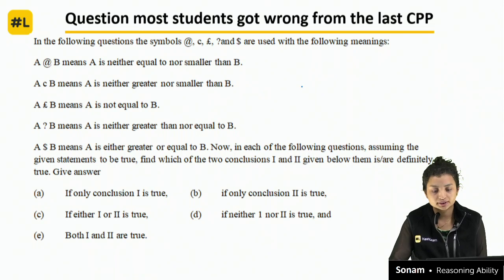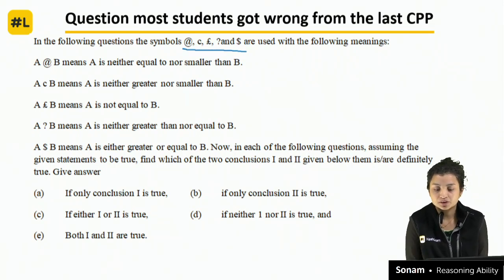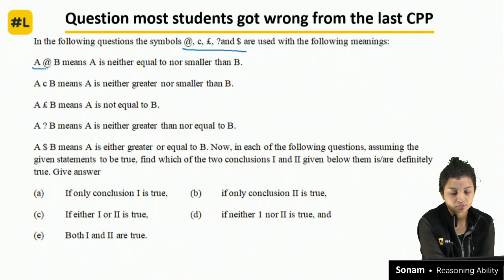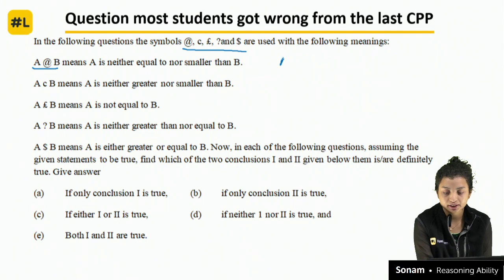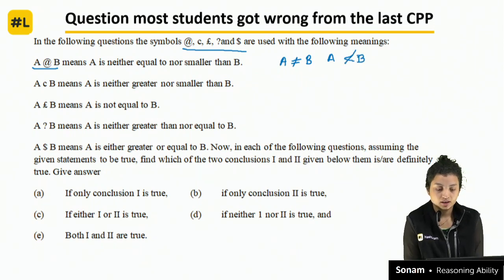In the following question, the symbols are used with the following meanings. Okay, so the first means that A is neither equal to B nor smaller than B, correct? What does the second statement mean?